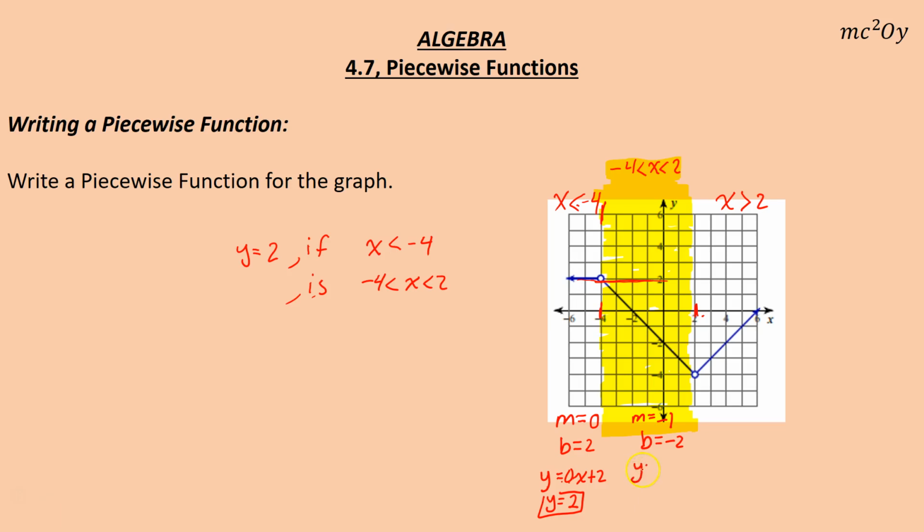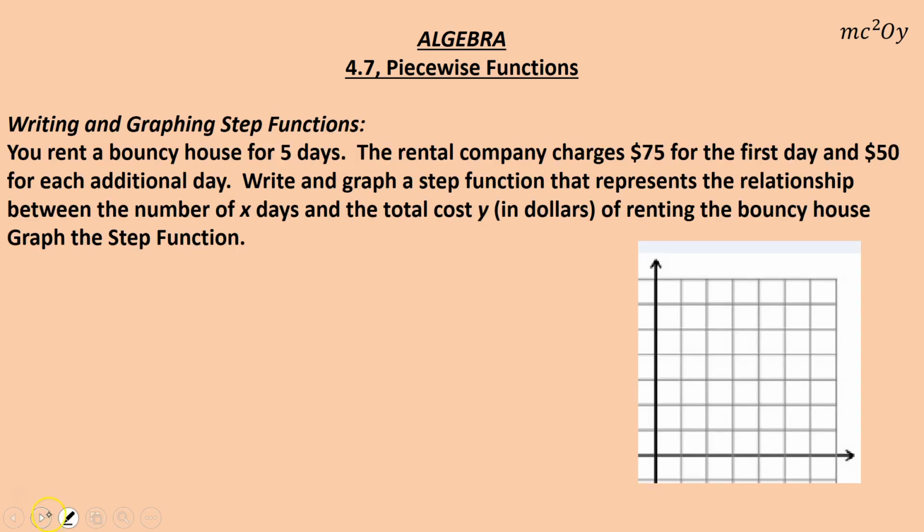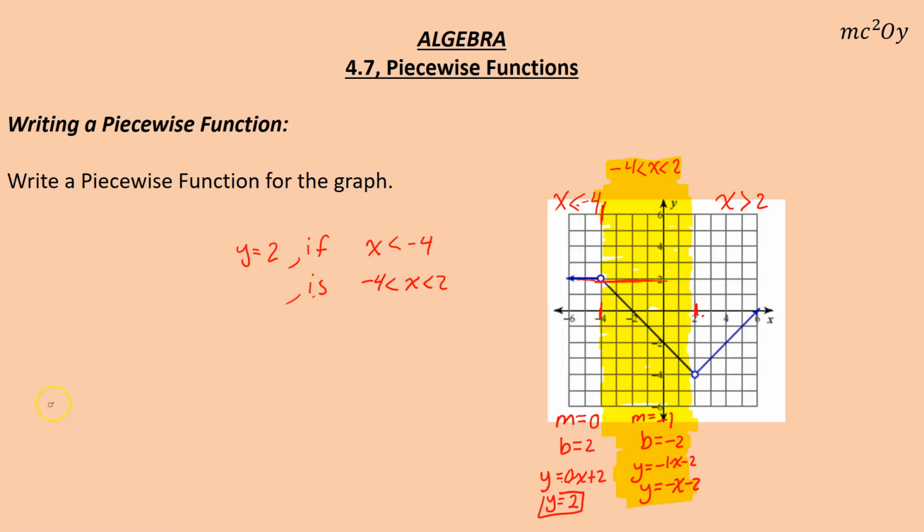So my equation is y equals negative 1x minus 2, or simplified, y equals negative x minus 2. Once again, that's in our highlighted area. So we could say, well, over here, y is equal to negative x minus 2.